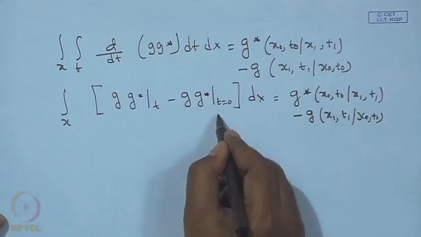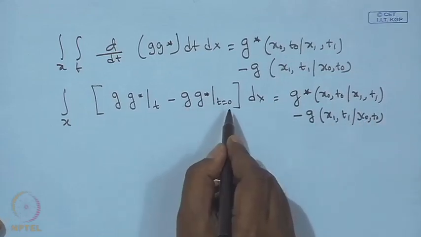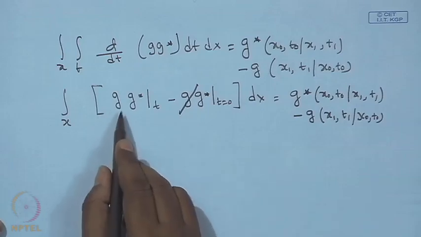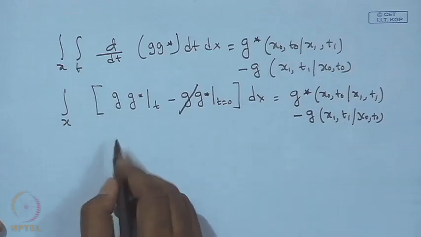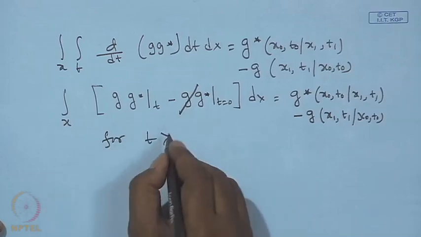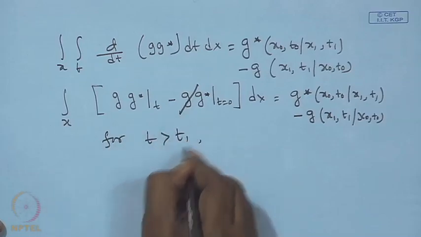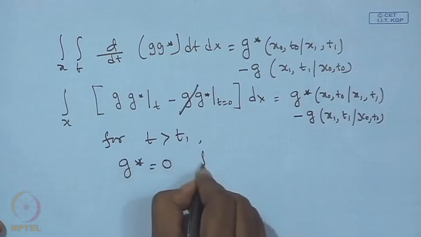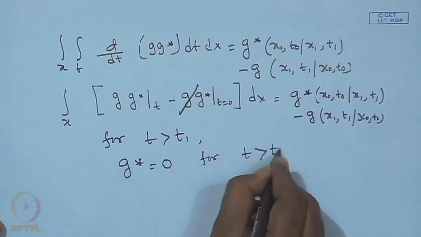So, we know that G at time t is equal to 0, so this part will be gone, and to make this bilinear concomitant term 0, we put G star is equal to 0 for t greater than t 1.